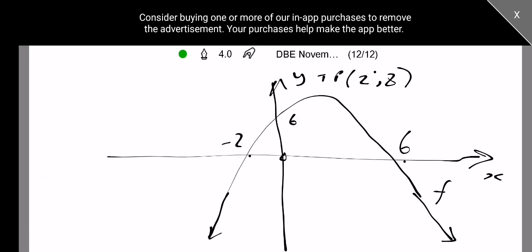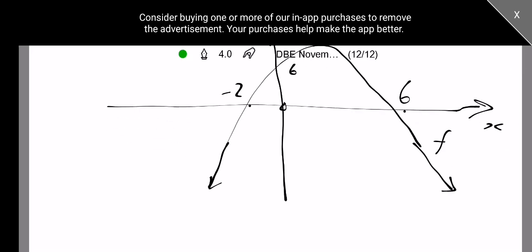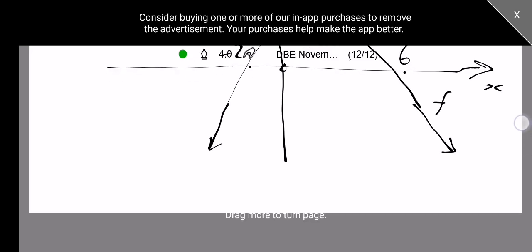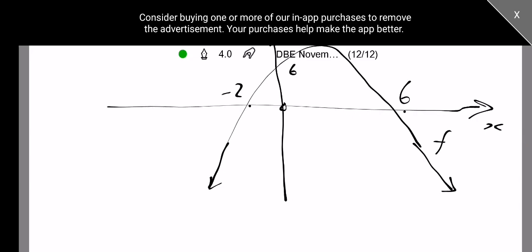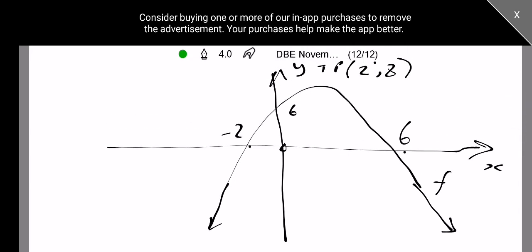Now it's going to be all the real values of x, so less than 0. Yes, what I said is all the real values less than 0, it is this side.